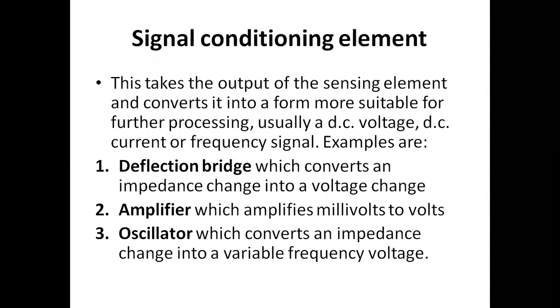So an amplifier comes in as a signal conditioning element. Another example is an oscillator. An oscillator is a device that converts impedance change into a variable frequency voltage. And we are going to discuss this in some detail in future.